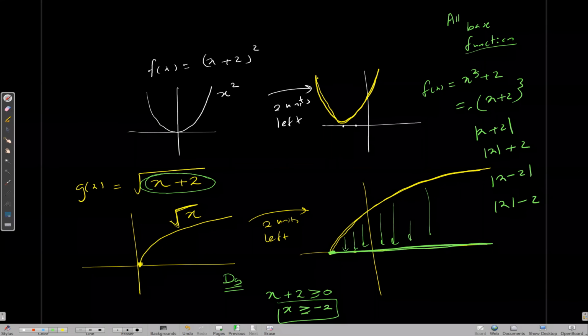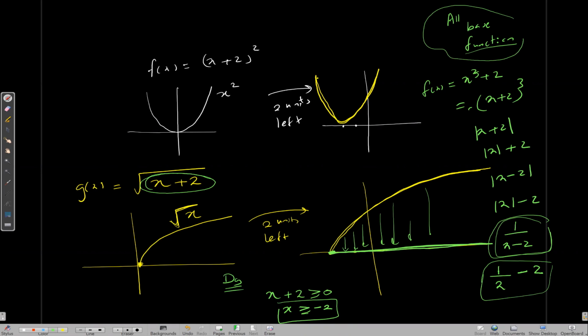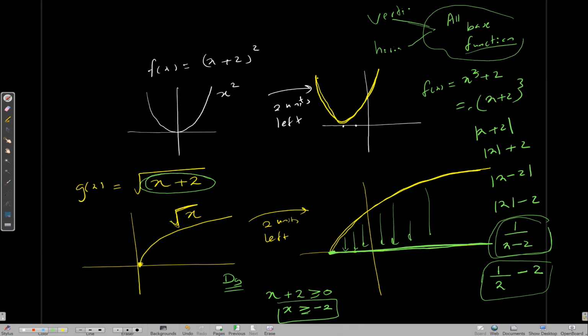Or 1 over x minus 2, the reciprocal function. So see, this is a horizontal shift, this is a vertical shift. Write down all your base functions, and with each base function, vertical and horizontal, try to figure them out. That's your exercise.